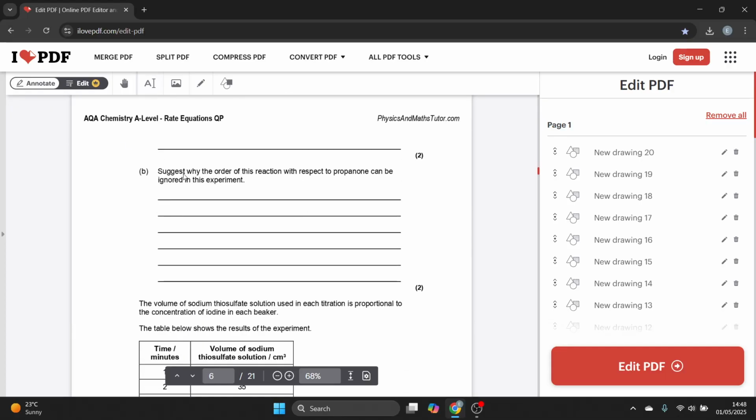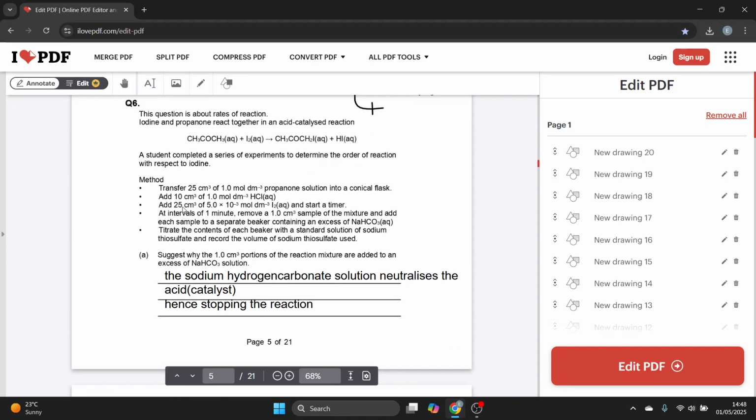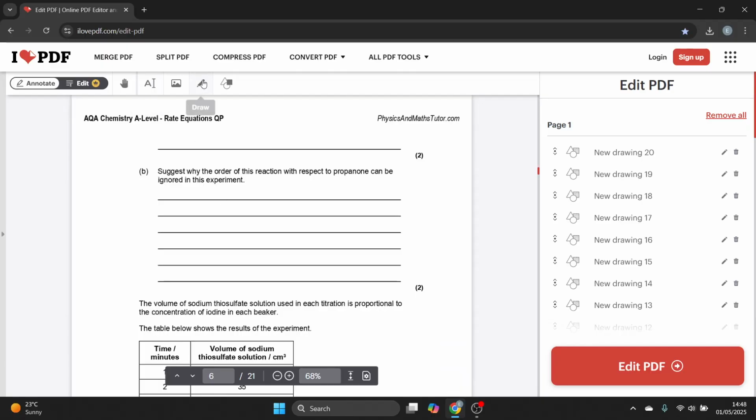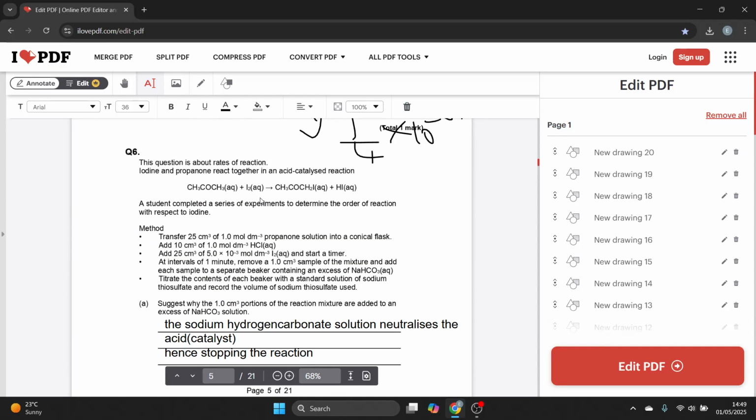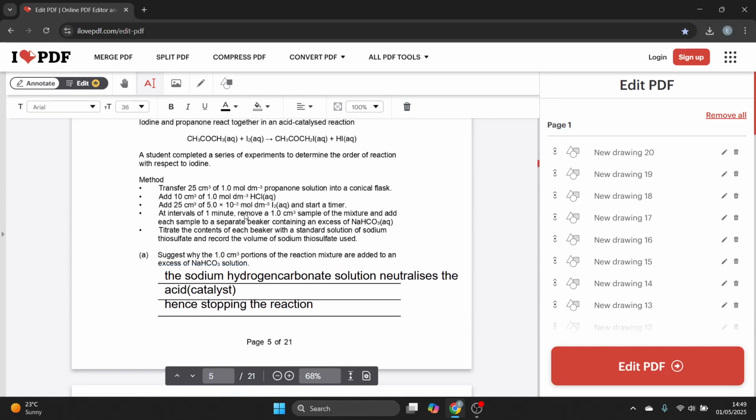Suggest why the order with respect to propanone can be ignored. Anytime you see orders ignored, it's always to do with the amount of what you have. Well, I know I've got 25 centimeters cubed of 1.0 moles per dm cubed of propanone, then I've got 10 centimeters cubed of 1 mole per dm cubed of HCl, and then I've got iodine. But look at the concentration of iodine, 5.0 times 10 to the power minus 3.